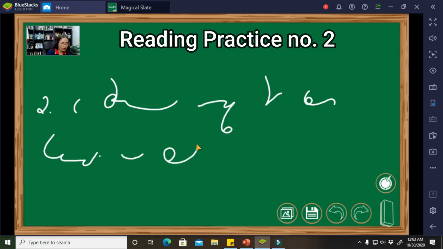And that one. And then underneath is a dash. Then we have here an upward.